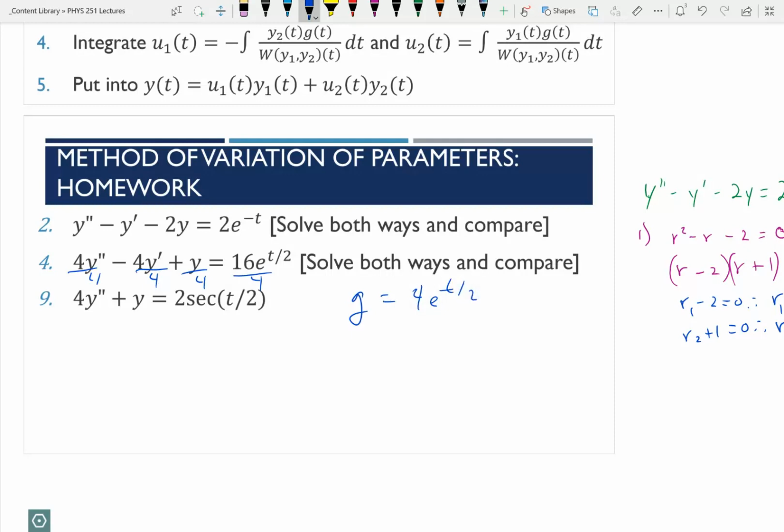I had g as 16e to the t over 2, specifically so that there's only 1 in front of the y double prime. You need to define g with 1 in front of y double prime. So if a is not 1, then you divide by a. And of course, you'd have to do the same in number 9. Number 9, the reason I was going to do that is because secant is not one of the functions you could do with the method from Monday.